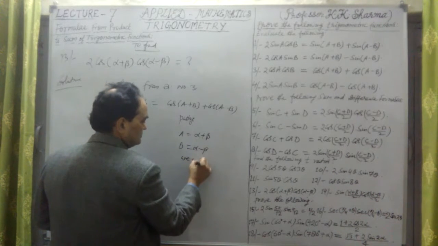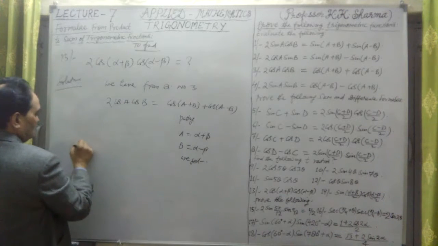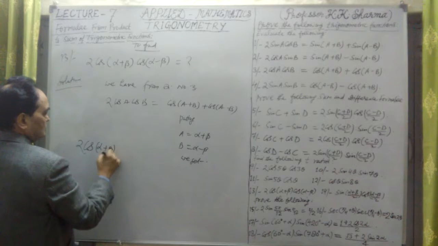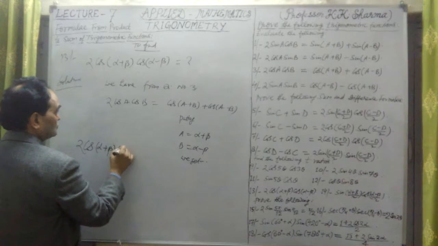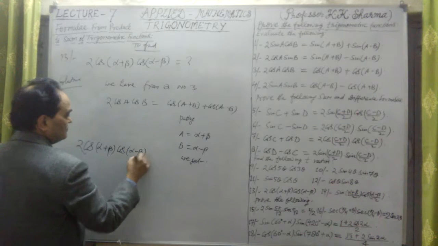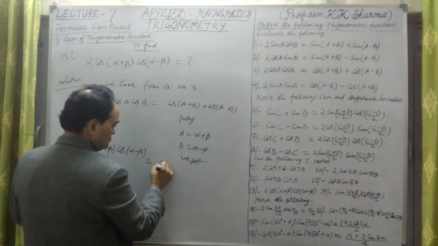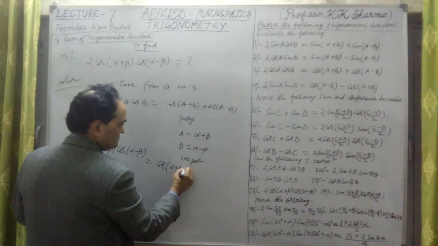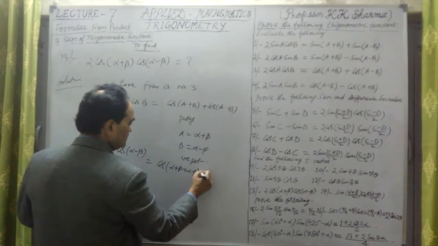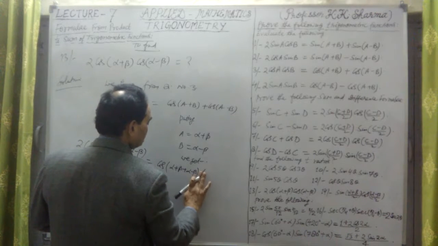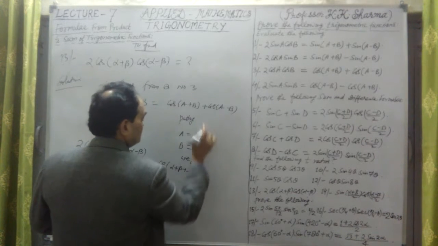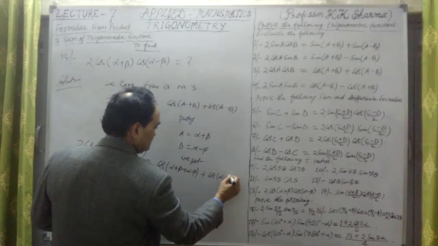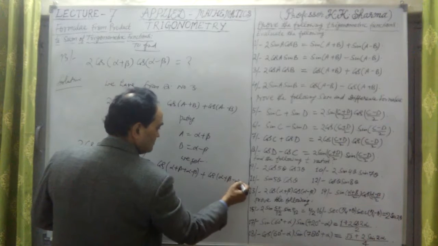So we get cos(alpha plus beta) into cos(alpha minus beta) equal to cos(A+B), the sum of these two, alpha plus beta plus alpha minus beta, cos plus cos, so this is plus sign, cos(alpha plus beta minus alpha plus beta).